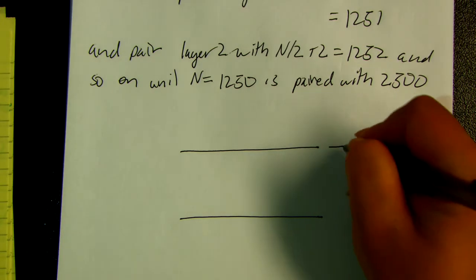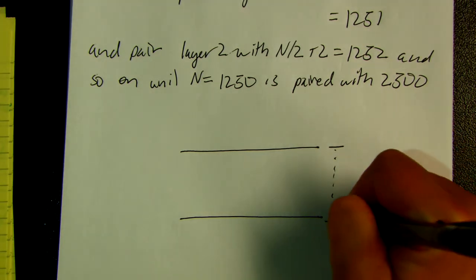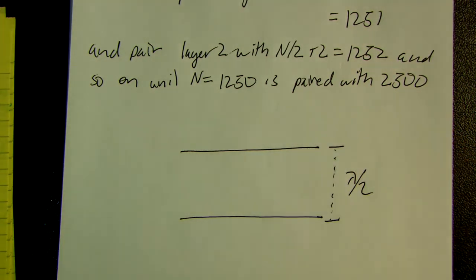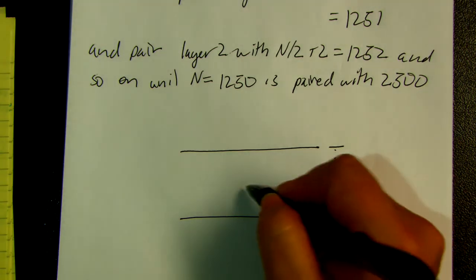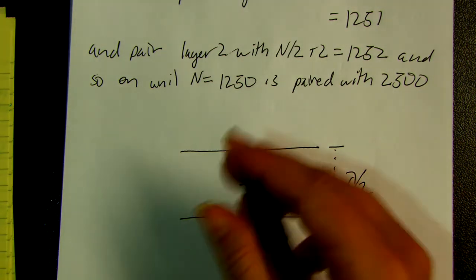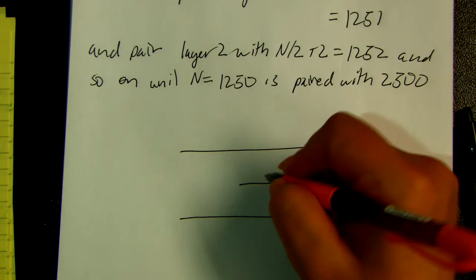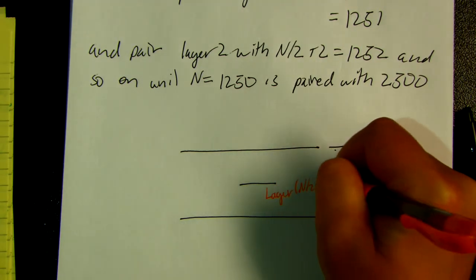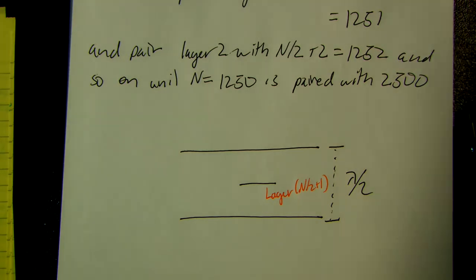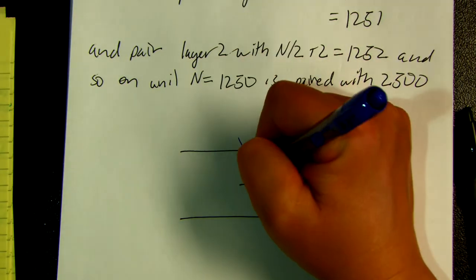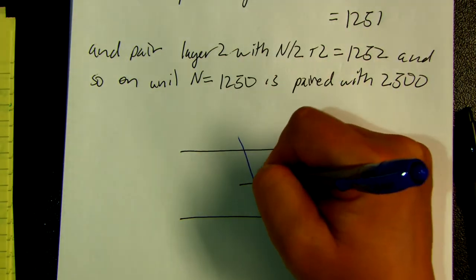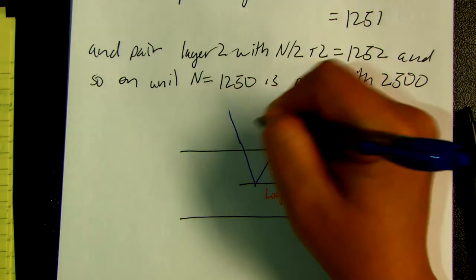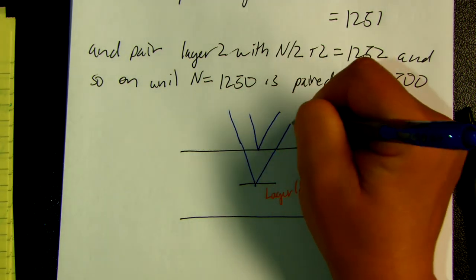Okay, so once again, we're looking at a picture similar to what we saw last time. So we've got lambda over 2. This is layer n over 2 plus 1. And we've got our light coming in from here and our light striking the top layer.